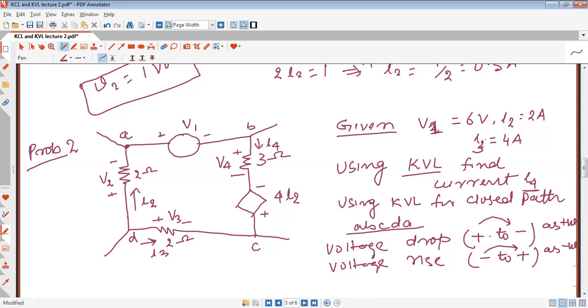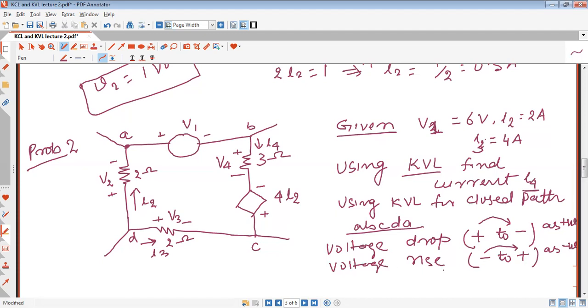If you take the opposite convention, the answer will be the same, and the answer is not affected. If you take voltage drop as negative, then you have to take voltage rise as positive. But for simplicity and other applications, it is better to take voltage drop as positive. Going from positive to negative, take it positive, and going from negative to positive, take it negative.